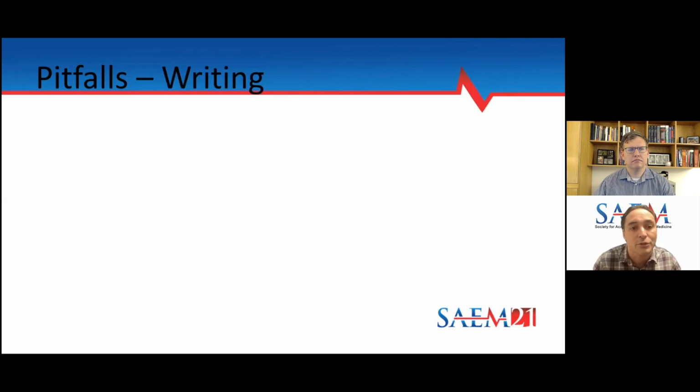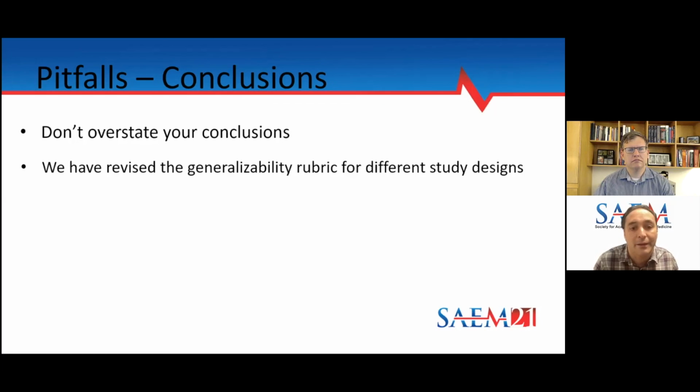Stick to the conclusions that you've got. And I want to just re-highlight the fact that we've redone the generalizability and innovation criteria to cover multiple study designs. So those of you doing surveys or medical education research or basic science, don't feel like you're going to be judged against the multi-center clinical trials that are being presented at the meeting.